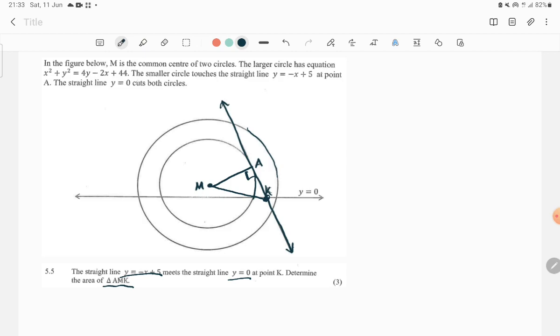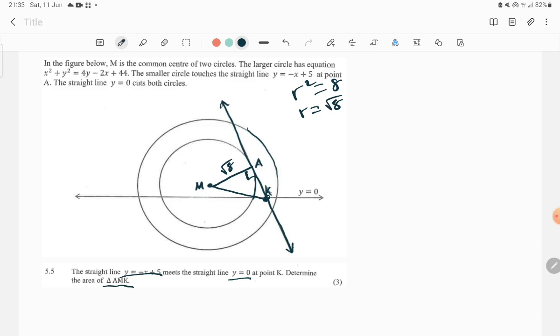You will remember that we calculated the equation of the small circle, and we got r squared being equal to 8. Which means r is equal to root 8, so this distance is just root 8.